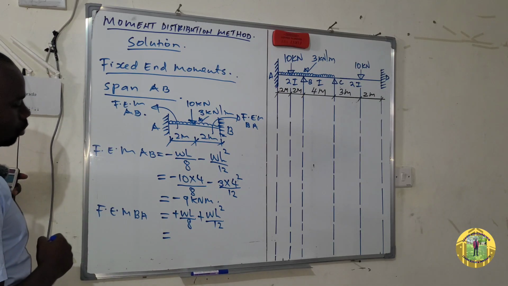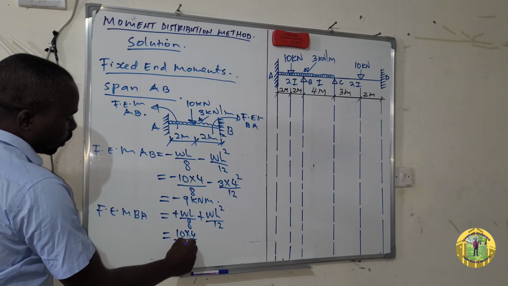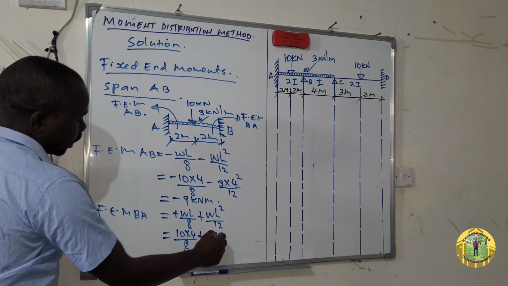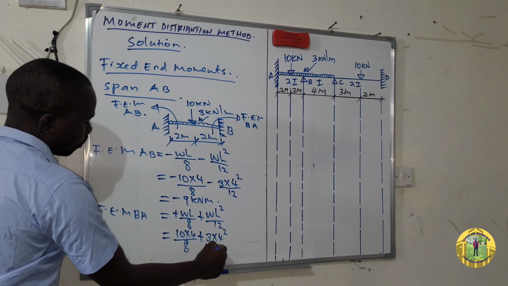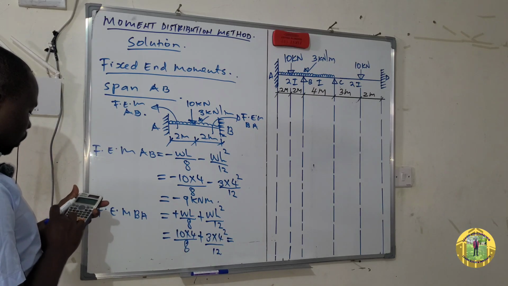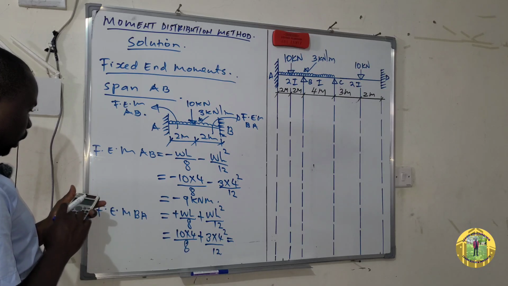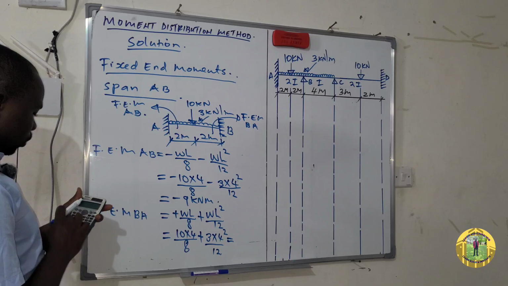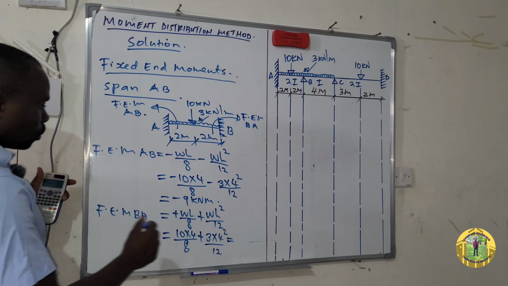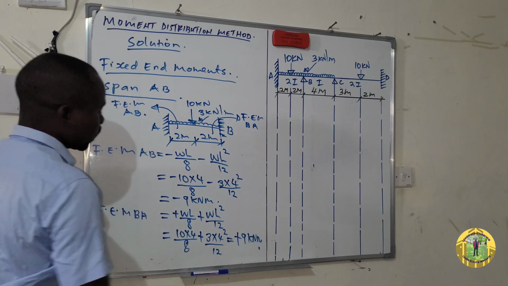So this is equal to 10 times 4 all over 8 plus 3 times 4 square all over 12, which is positive 9 kilonewton meter.